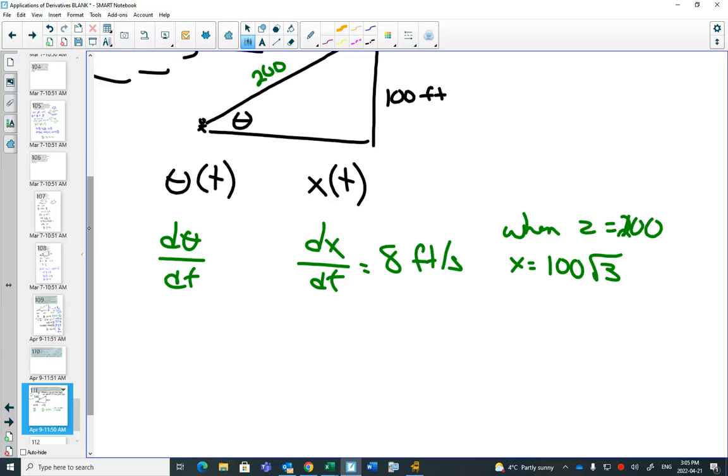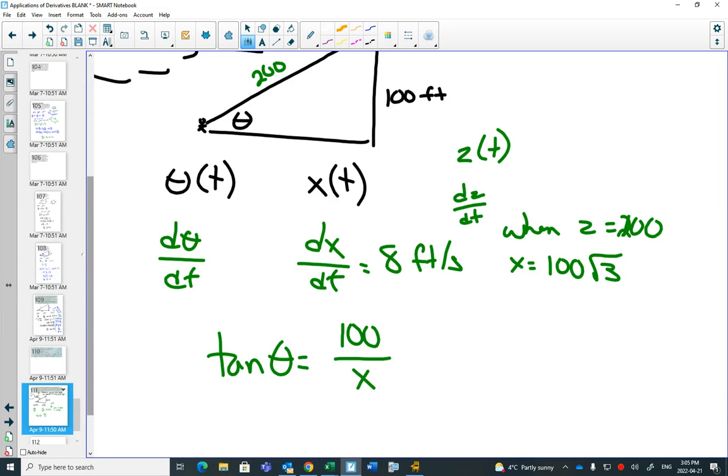So we can also put on here that z is a function of time, and we'd have dz dt, but we don't know what dz dt is. So we do need to use x, because we've got a dx dt. So then I would set up my equation with tan of theta again is 100 over x.